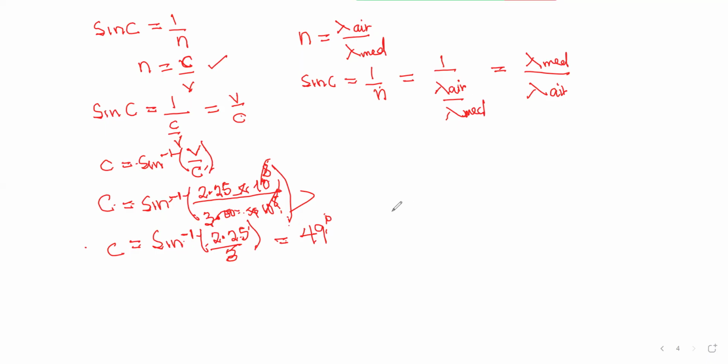An object is placed in a basin and water is poured on it to a height of 10 centimeters. So assuming there's a basin, and then we have the object, water is poured within the basin to a height which is equal to 10 centimeters.